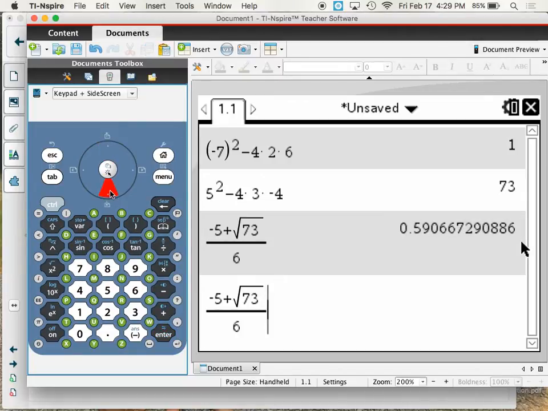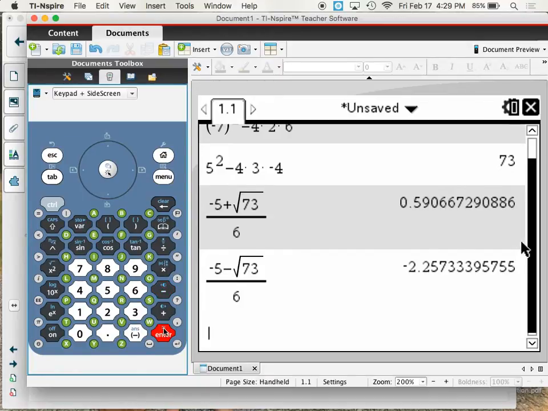Now, what I want to do with this is change the positive sign to a subtraction sign. Not a negative, but I'm going to do negative 5 minus the square root of 73. Let's hit that decimal. So if I round this next one to the nearest hundredth, it looks like negative 2.26. The 5 is in the hundredth spot.